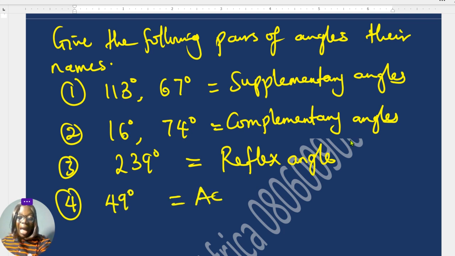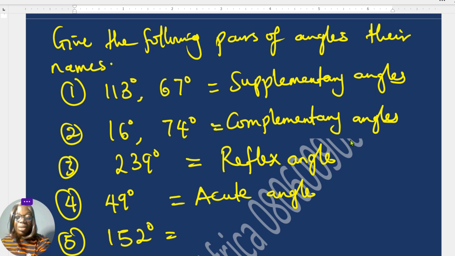It is an acute angle because it is less than 90 degrees. Now what kind of angle is 152 degrees? 152 degrees is an obtuse angle because it is greater than 90 degrees and less than 180 degrees.